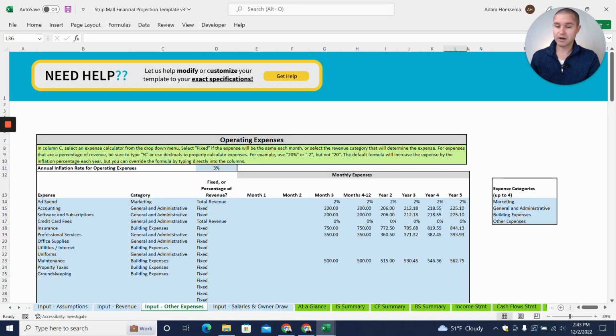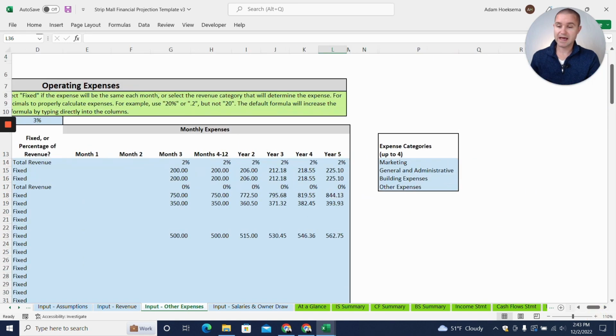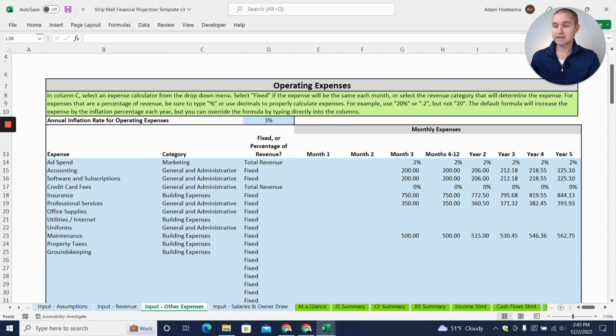Now, on our input other expenses tab here, we can add in operating expenses. So these expenses can be added as a percentage of total revenue or a fixed dollar amount. And so we're going to assume that we're spending 2% of revenue on advertising, so some advertising just to fill the space, and then fixed expenses like accounting and maybe some software subscriptions to manage the property.